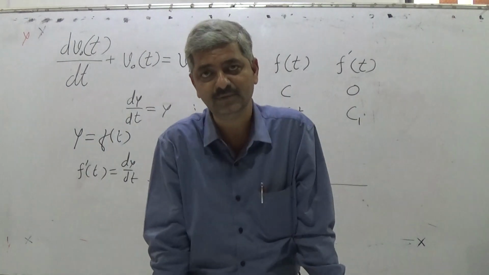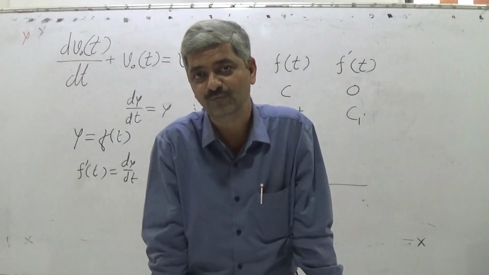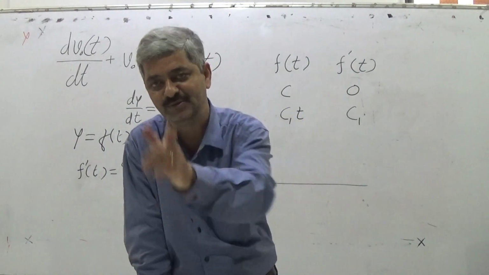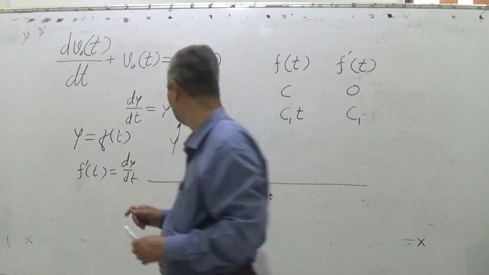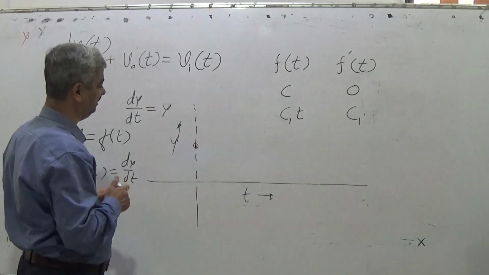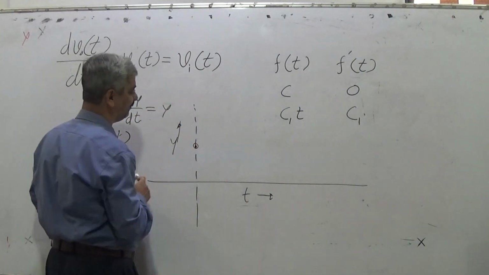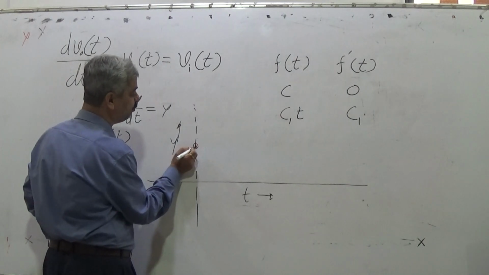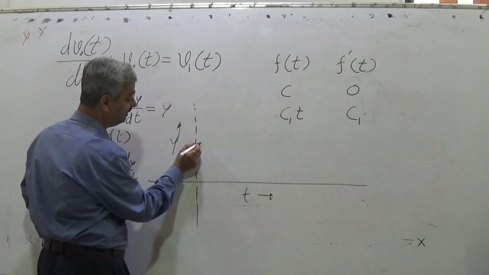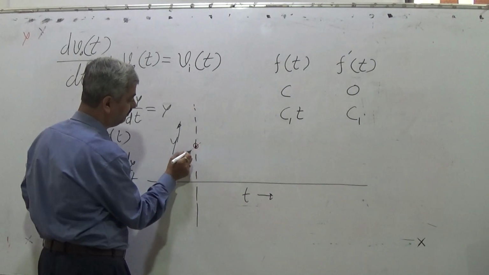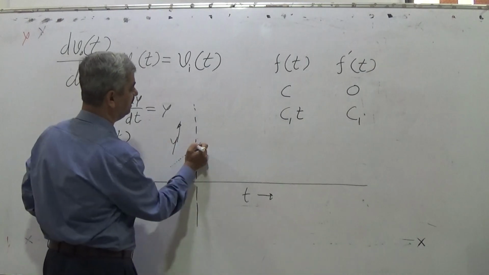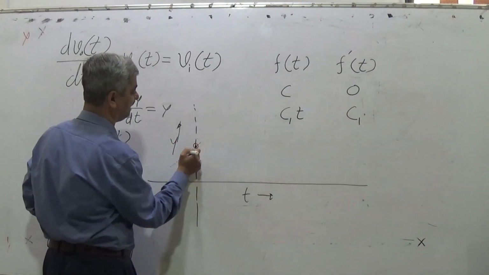Slope of the curve should be equal to the value of the curve at a given point. So at t equal to 0, I have assumed y equal to 1. If y is equal to 1, what should be the slope here? It should be a 45 degree slope, so this 45 degrees should be the tangent.